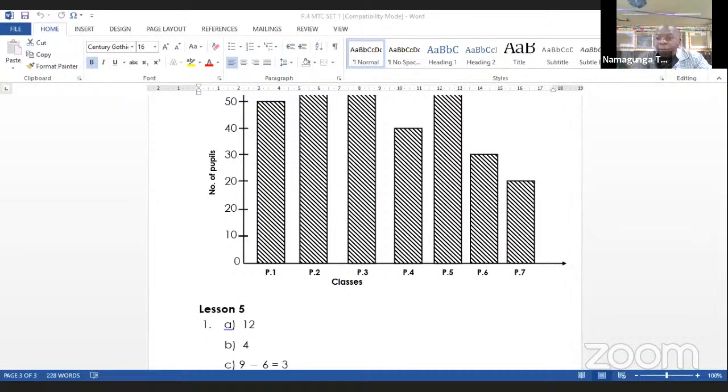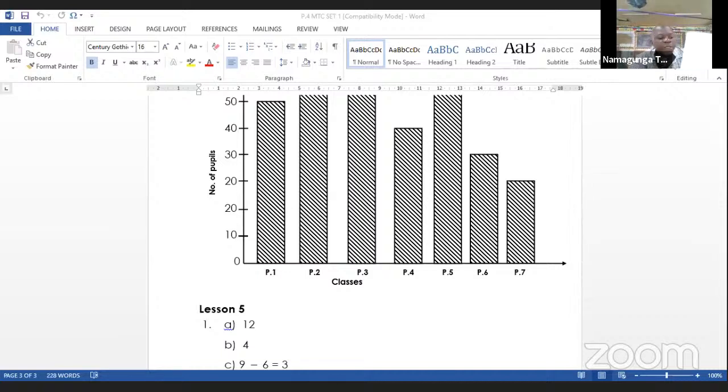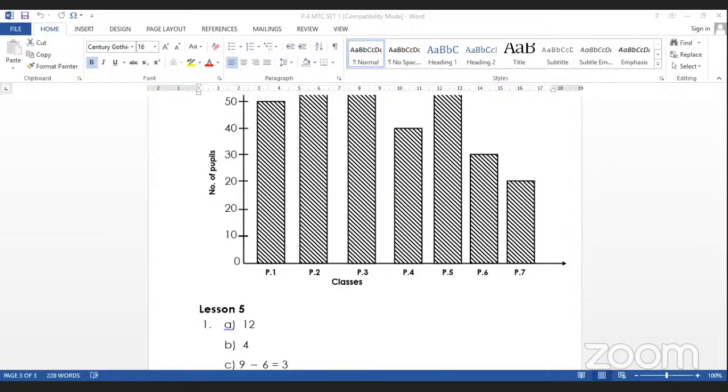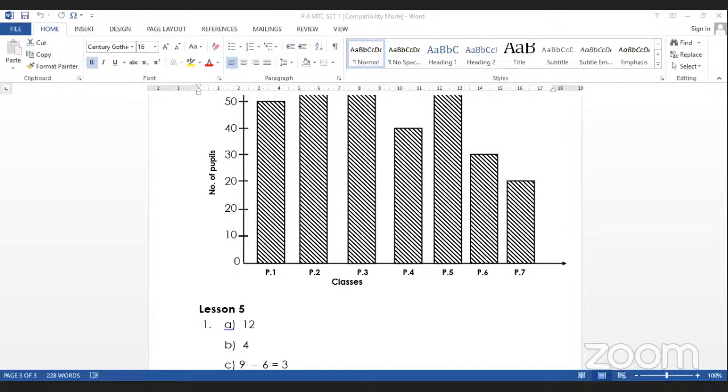Yes, teacher. What is the answer to part C? Yes? Jimmy scored the lowest number of marks.